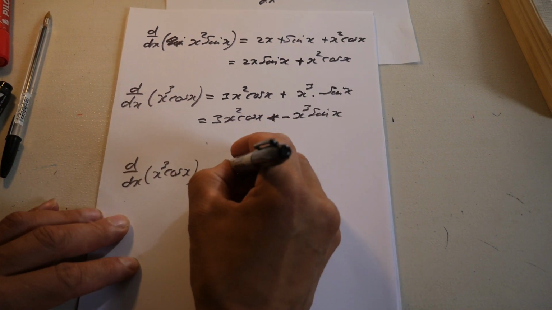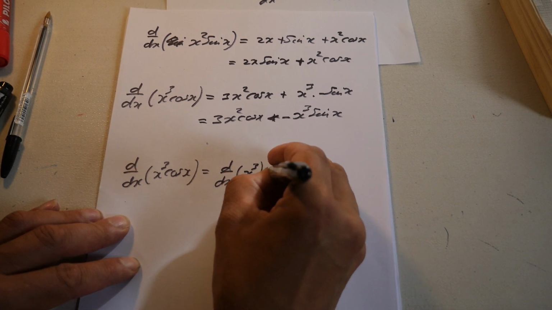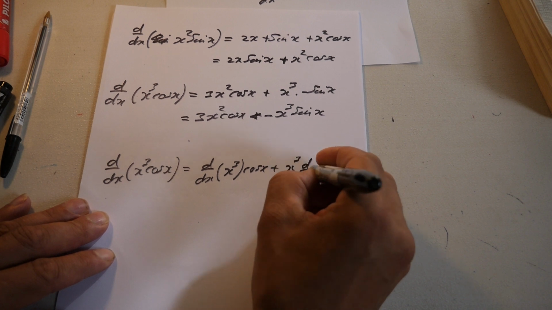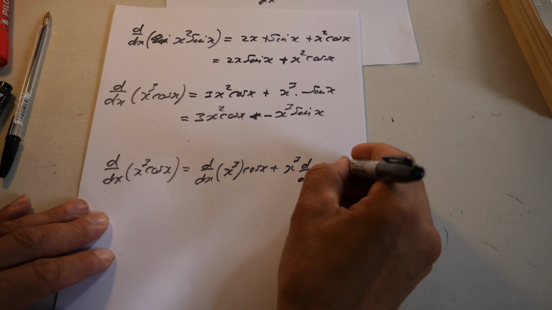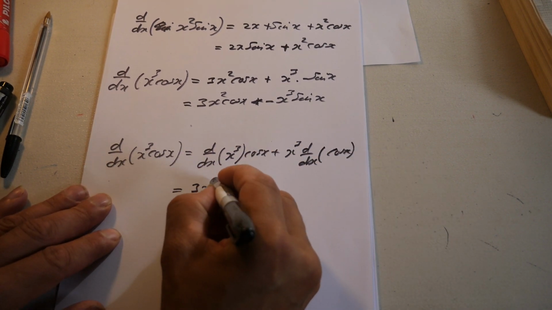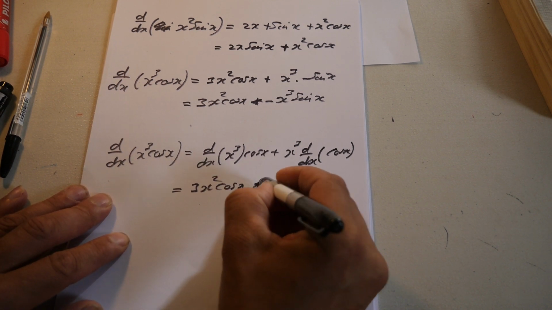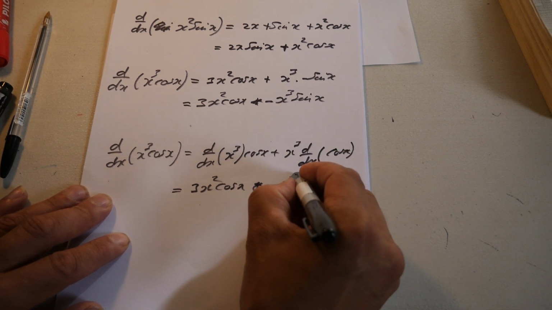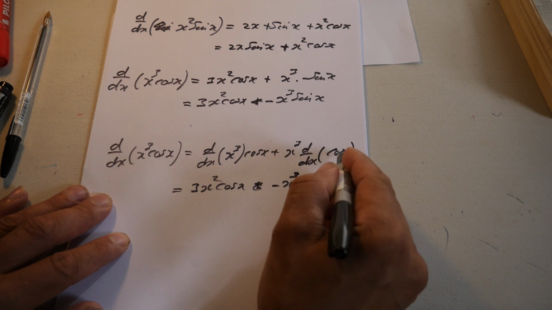So the derivative of that is 3x squared cos x plus minus x cubed, that's minus x cubed sine x, okay?